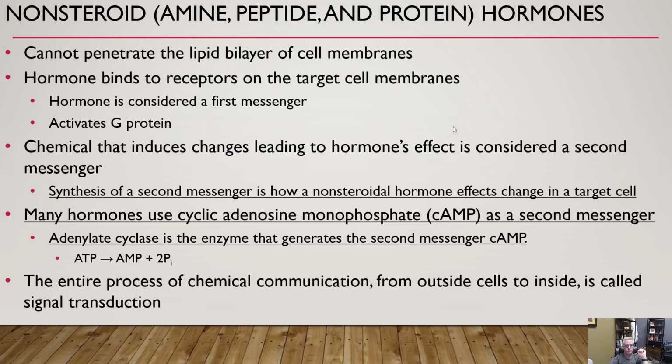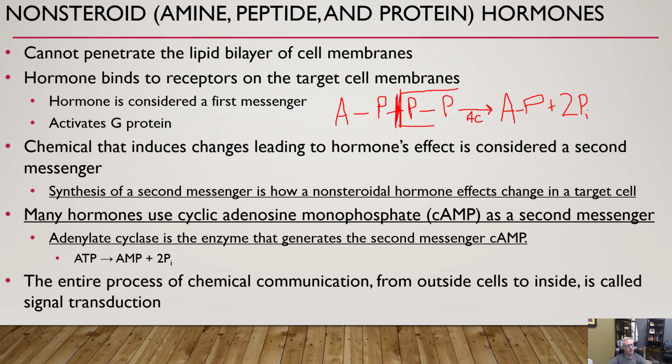So we have adenosine, phosphate, phosphate, phosphate, and in the presence of adenylate cyclase, we're going to break it off right here, and we're going to create adenosine monophosphate plus 2 phosphates.